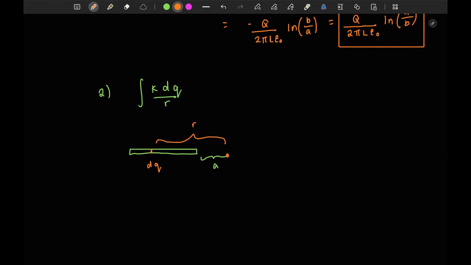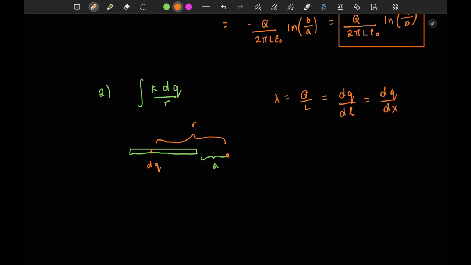We then ask, does r vary with dq? And indeed it does, which means we will need to use a density to rewrite dq. And in this case, we have uniform density, so lambda is equal to Q over L is equal to dq by dl. And remember that because we're aligned along the x-axis, I can rewrite this as dq by dx.